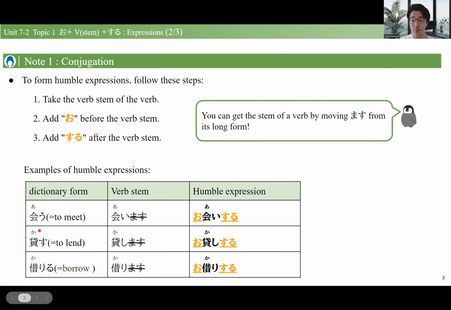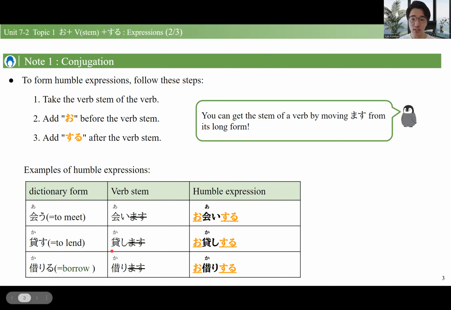So a few examples of the conjugation will be, for example, 会う, to meet. The verb stem is 会い, because how you take the verb stem is we first make it into ます form, 会います. If we take off the ます, you get the verb stem. So 会い, so お会いする, that's humble. Humbly meet someone. 貸す, to lend, 貸します.